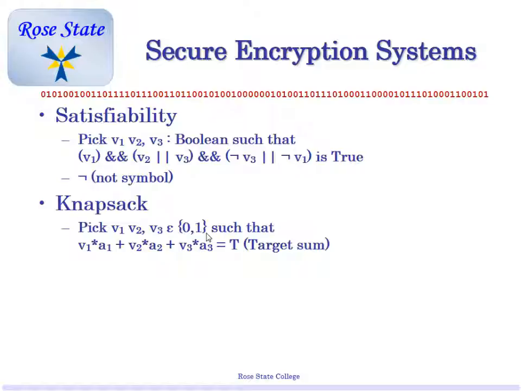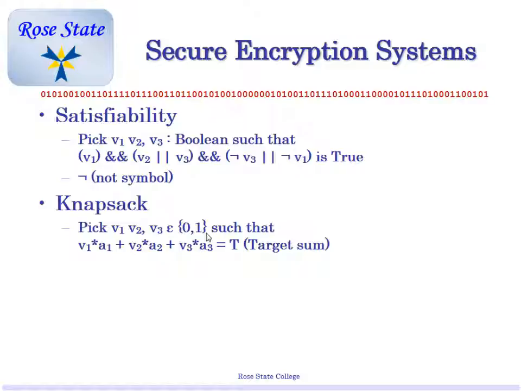That number. So if A1 is a 3, and V1's a 1, what's 1 times 3? 3. What if V1's a 0? So 0 times 3 becomes 0. So knapsack is pick a combination of V's to go with your A's that equal the target sum.